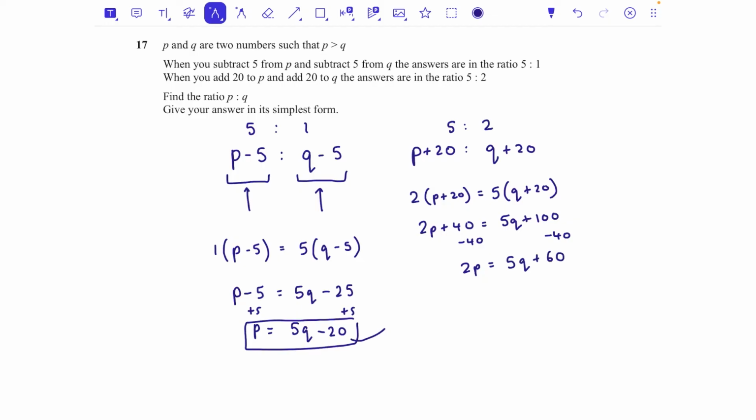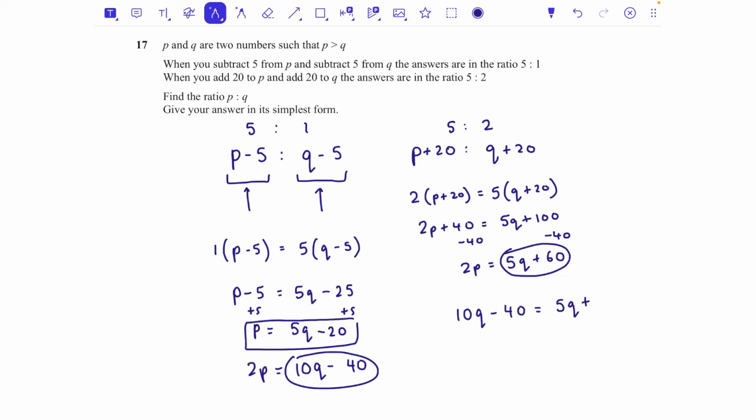Now, if I double this one, I know that 2P is 10Q minus 40. And then I've got 2P is this, but 2P is also this. So then 10Q minus 40 equals 5Q add 60. And I can solve that.